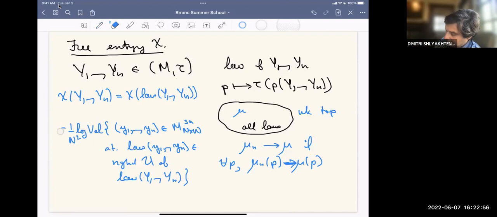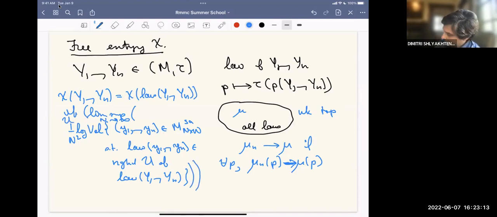And finally, I need to take some limits. I will take the lim sup as N goes to infinity, and I take the inf over this neighborhood U of this. Well, actually, I have to add n over 2 log N for some technical reason.